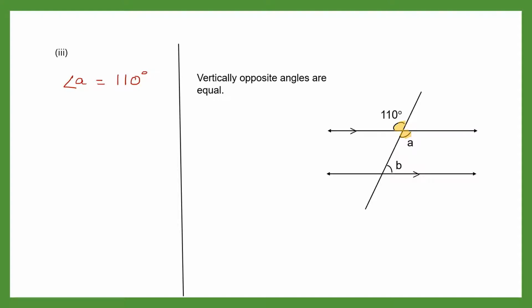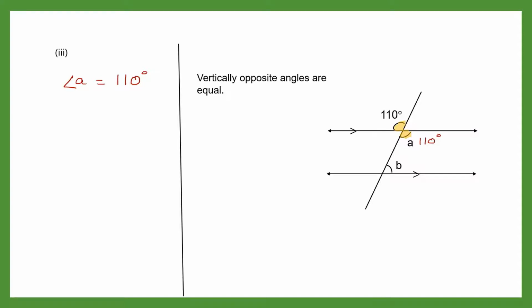Now that we have found that angle A is 110 degrees, we can easily find B. Okay, so now we're going to find B. If you look at A and B, they are co-interior angles. Co-interior angles are supplementary.